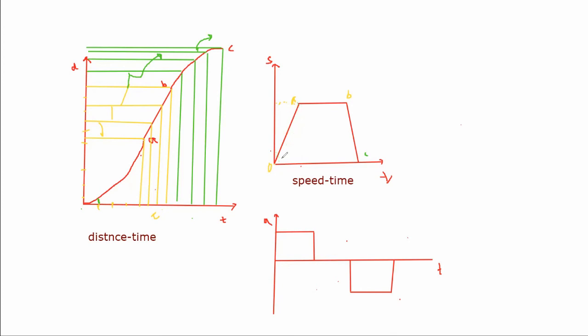So the change in velocity per unit time in each interval was constant. Acceleration in the 0 to A phase is a constant value.